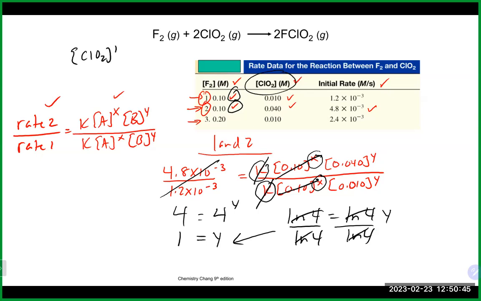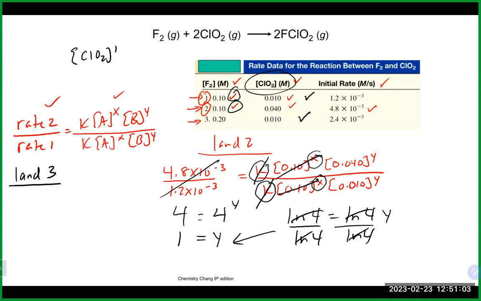We then would go back to the table and choose 2 other entries where we now will keep the ClO2 constant and we will vary the F2. So in this particular reaction, it looks like number 1 and number 3 will do that. That will keep those guys constant and vary the other.